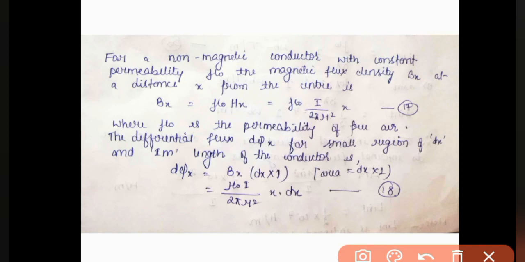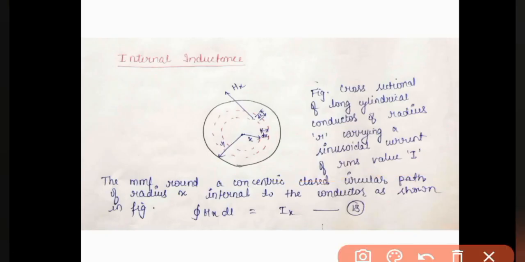Now the differential flux d phi x for a small region. We are taking a small flux for a small region, that is dx. Okay, here we are taking that dx for a small region.